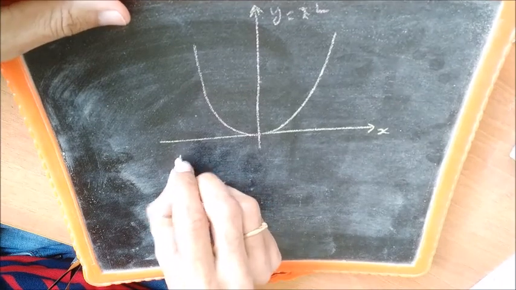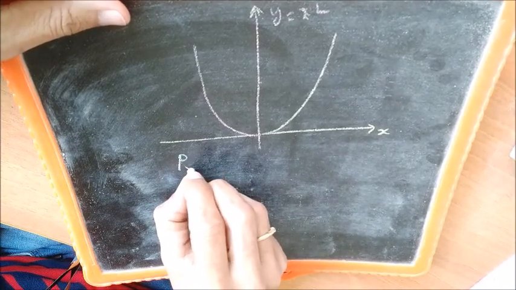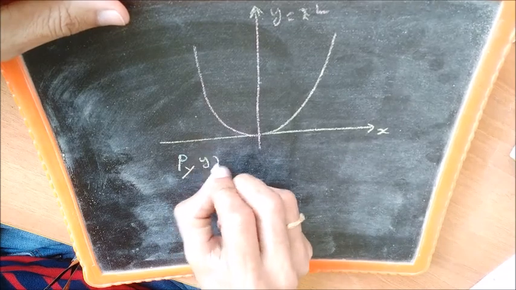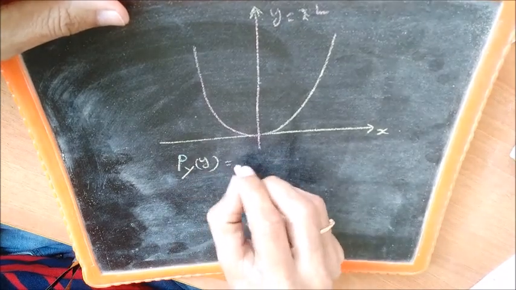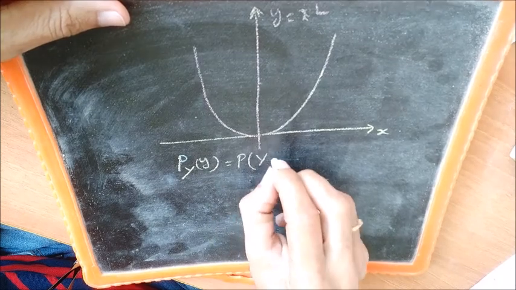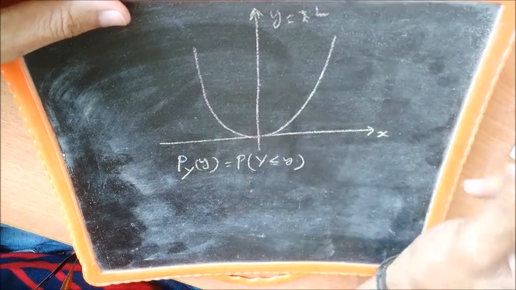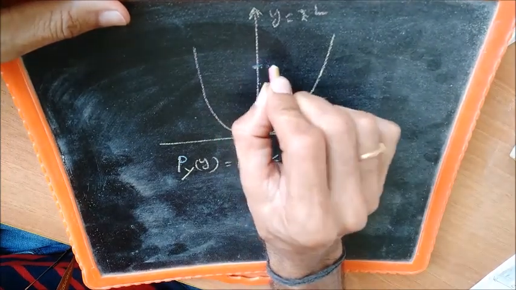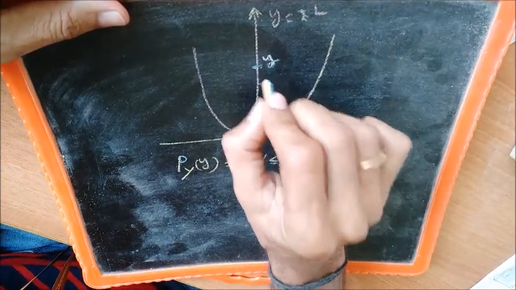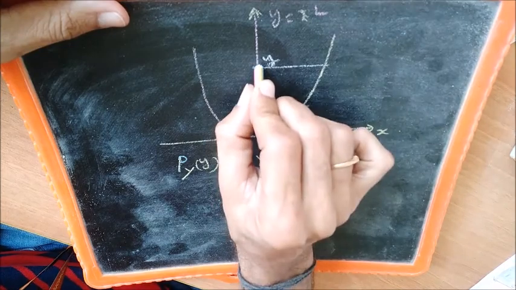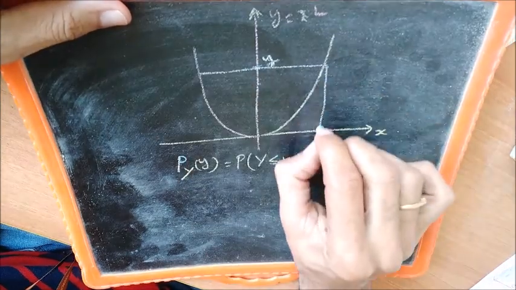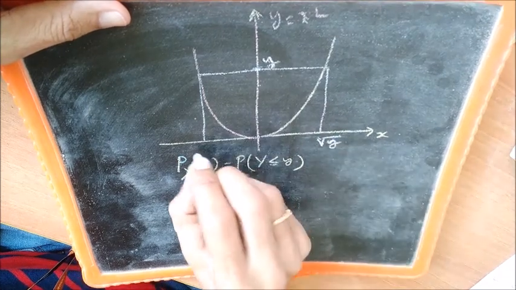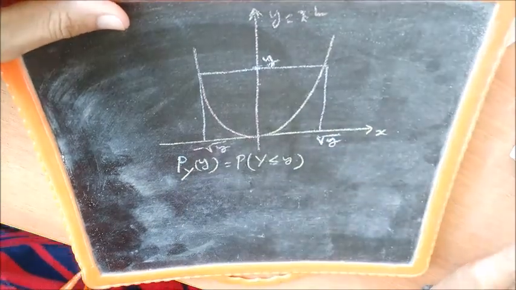So what we do is we start with the CDF, the cumulative distribution function or the probability distribution function, and this is by definition the probability that y is less than or equal to some value small y. So let's say that small y is here, and we know that this will be root y, this will be minus root y.